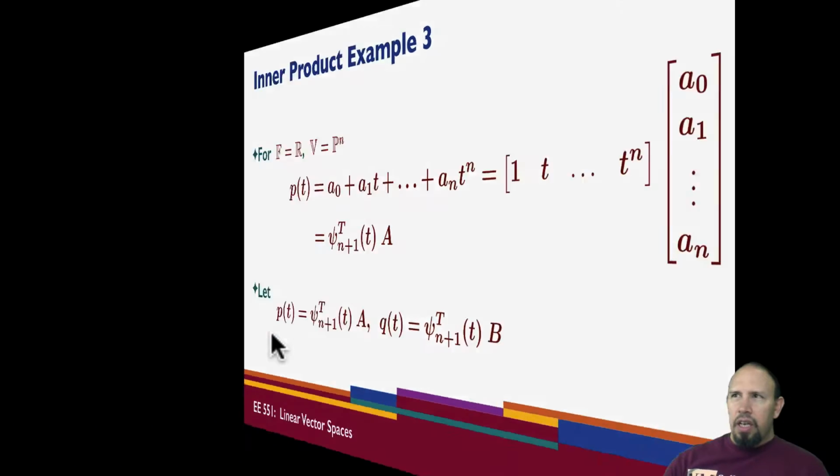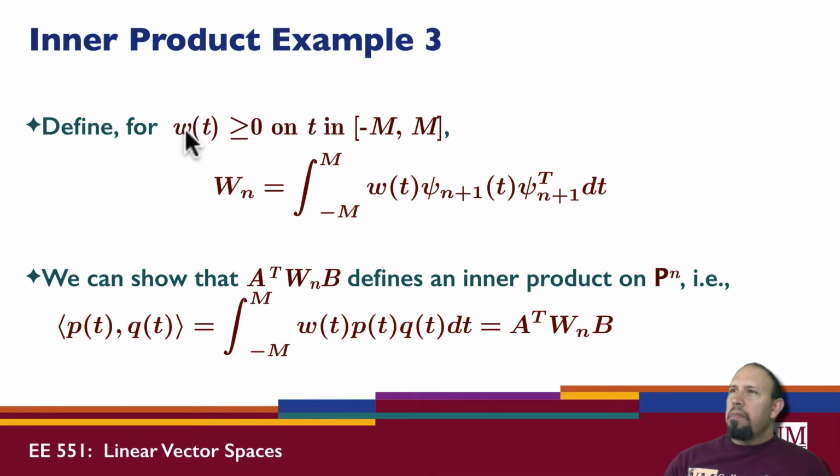Okay, so I'm going to define some w of t that's greater than or equal to 0 for t in the interval between minus m and m. And I'm going to define the matrix W, well, a lot of definitions going on here, defined between minus m and m as this quantity: w of t, the integral of w of t times that psi, that is actually the Greek letter psi.